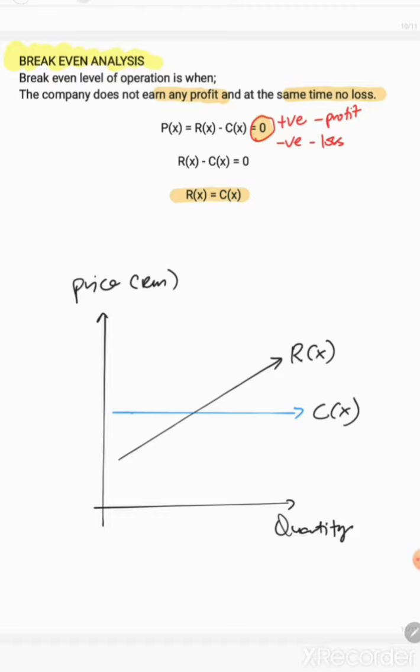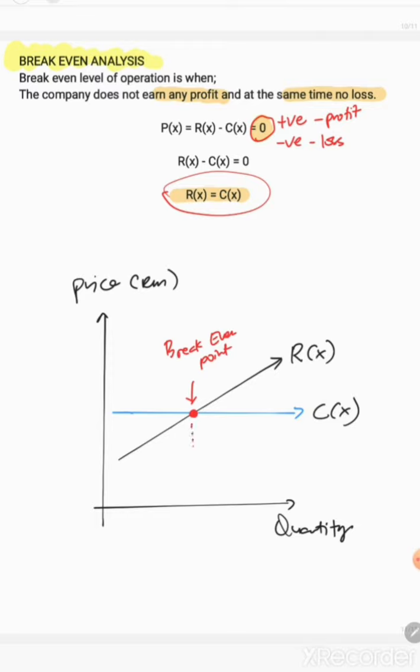Okay, now I'll show you the graph. Okay, the location for the R line and C line. Okay, this one for the R we have black line, and the cost we have the blue line, where the position for the intersection point, the break even. Okay, the break even point is here. Okay, this is the break even point, where to find the point you have to use this formula, R(x) equal to C(x).